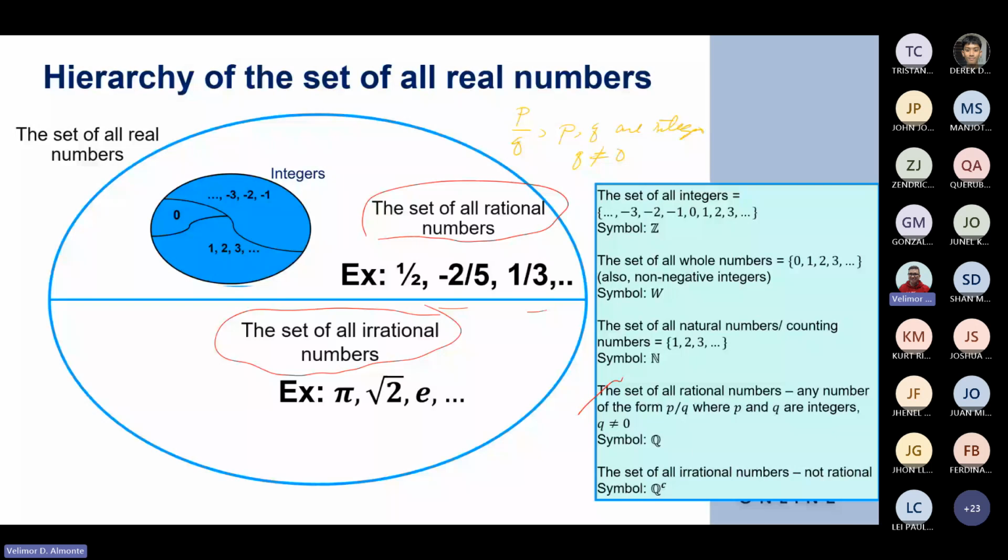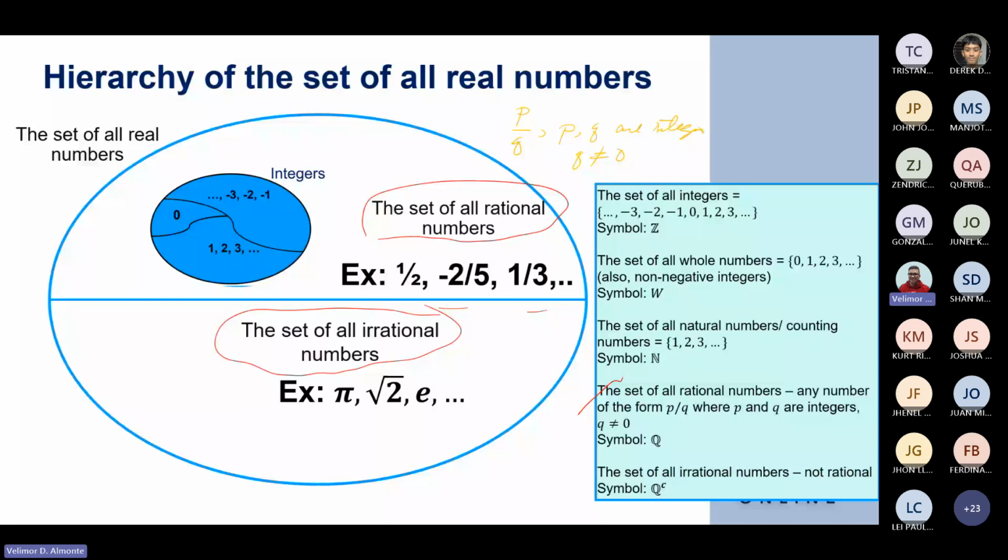Why is the set of integers a subset of the set of rational numbers, when I define the set of rational numbers as fractions of the form P over Q, where Q is not equal to 0? Bakit po siya dun sa loob? Other participants, can you explain why the set of integers is considered a subset of the set of rational numbers?